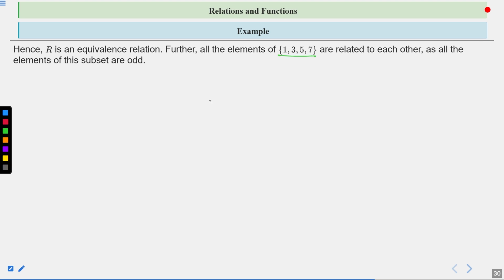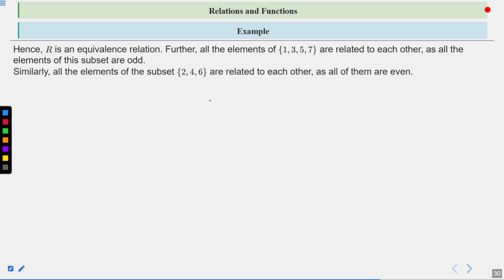Further, all the elements 1, 3, 5, 7 are related to each other. Why? As all the elements of this subset are odd. Similarly, all the elements of the subset 2, 4, 6 are even, so they are related to each other.